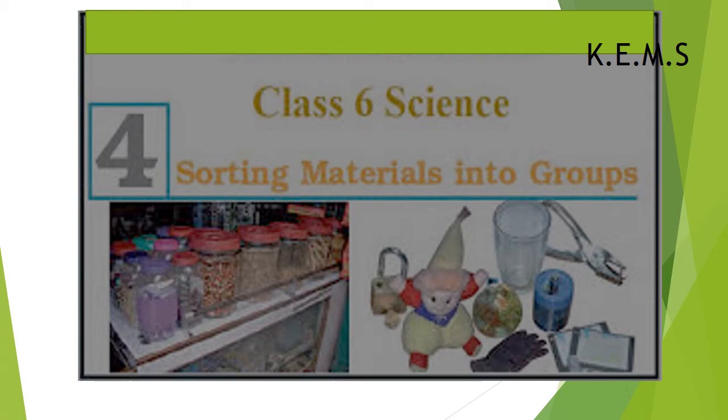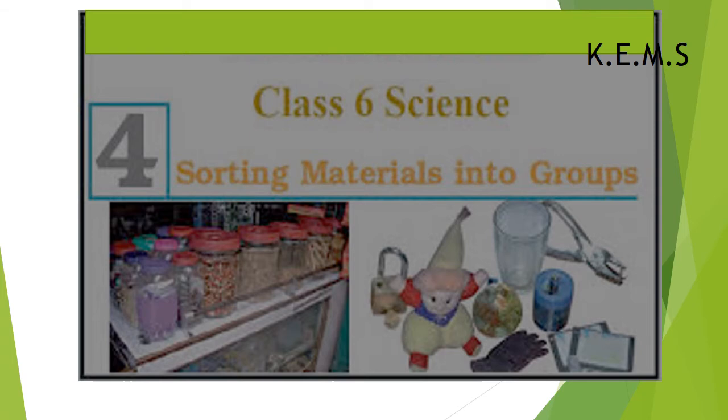So as you can see, we are going to differentiate or separate materials into different groups. That is what we are going to mainly study in chapter 4, Class 6, sorting materials into groups.